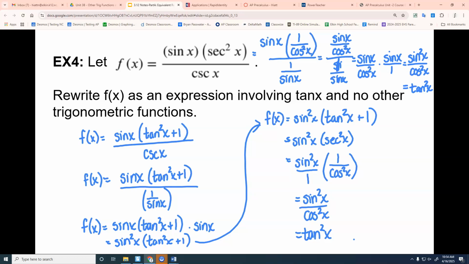Even if your way is not the easiest way, even if it's the harder way. So it's okay for that. In fact, I felt good about that tangent squared x plus 1 there for a minute, because I was thinking, oh, this will work. But if we had canceled signs, which you can't do, you'll get tangent squared x plus 1. Not correct for this. It's wrong.